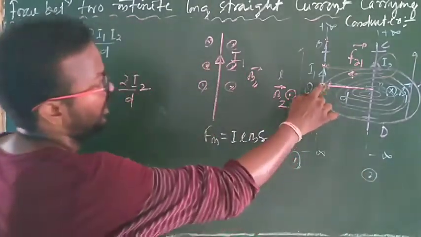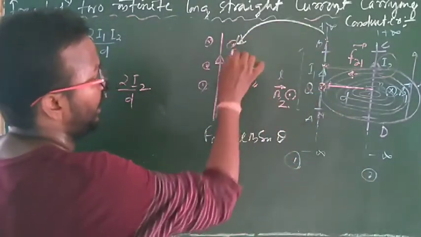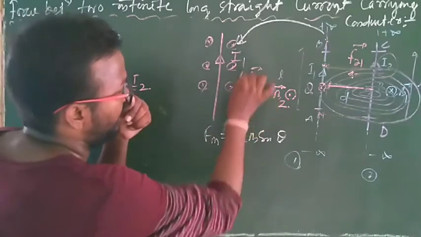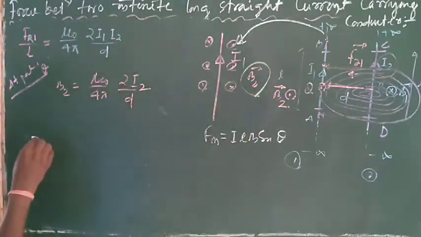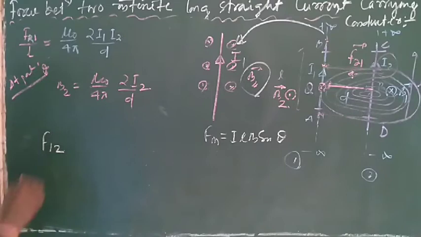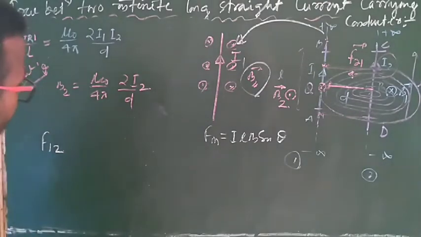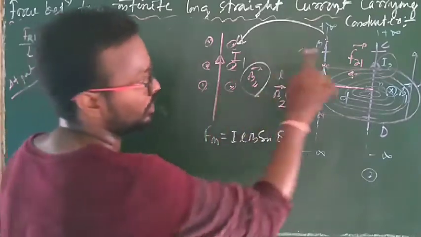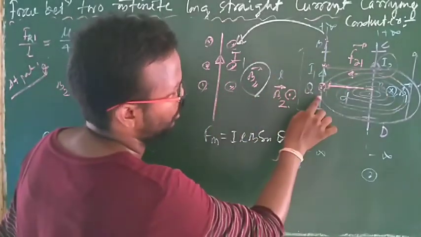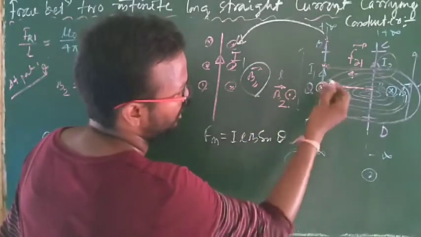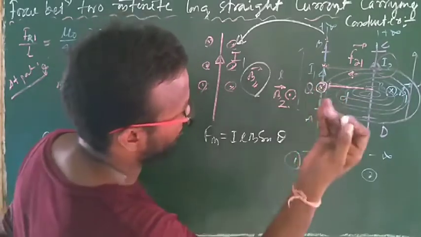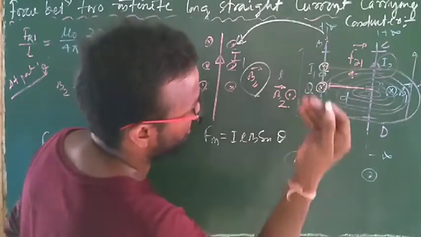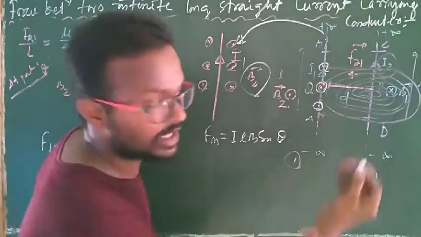In this conductor we have current I1 and magnetic field B2, and this force we write as F12. What is F12? F12 means the force on conductor 1 due to conductor 2. The dot indicates the magnetic field, which is in the outward direction.